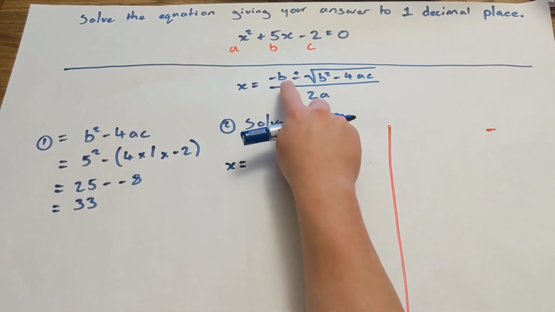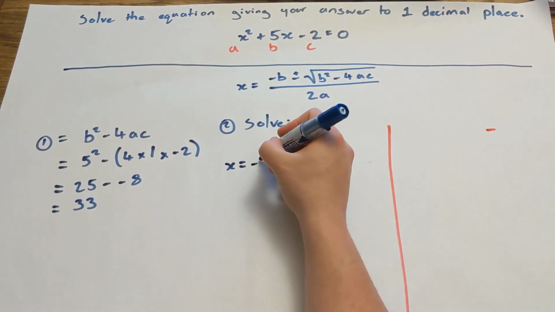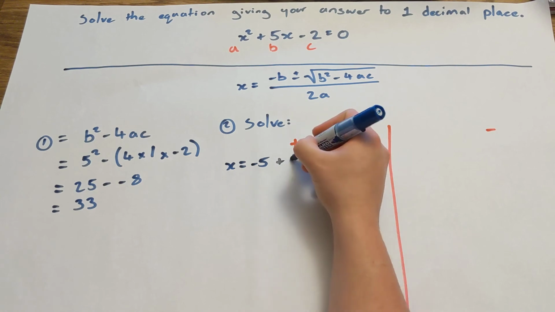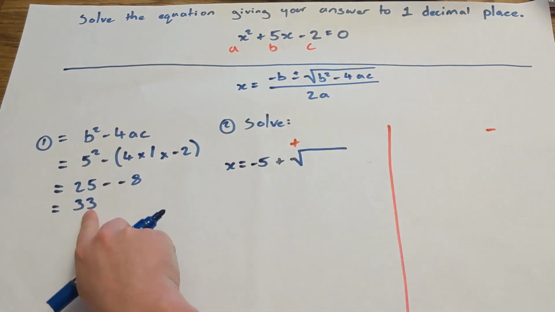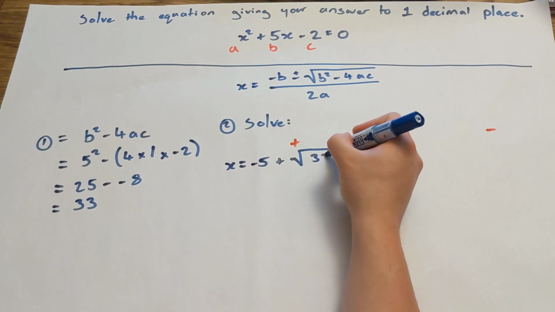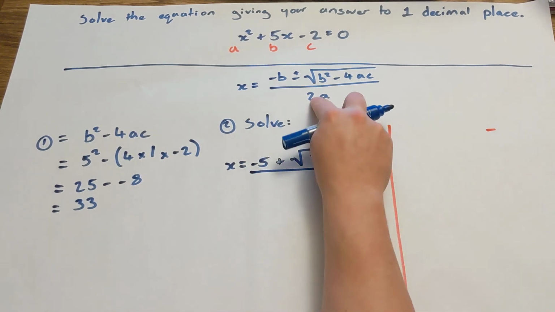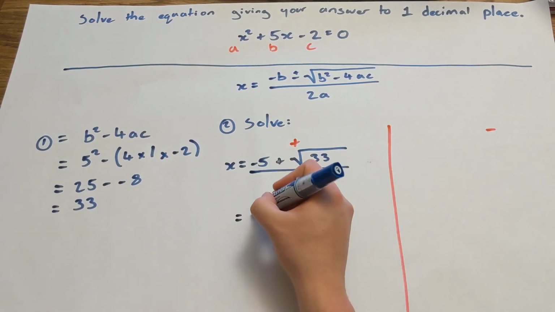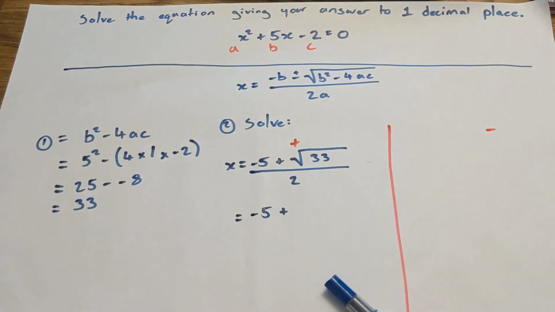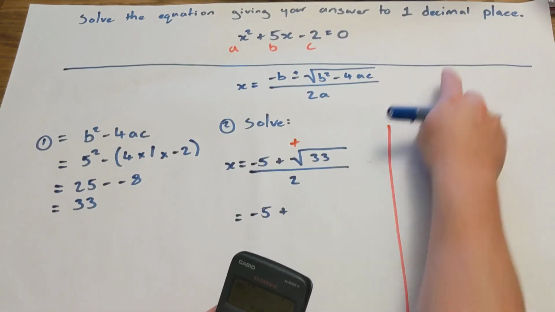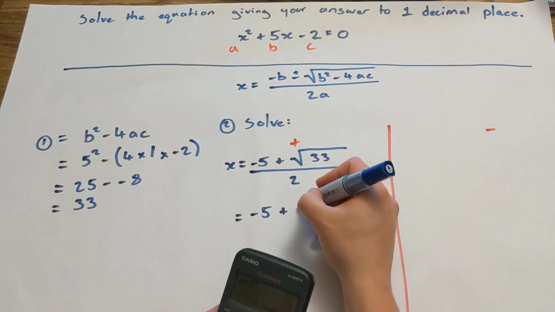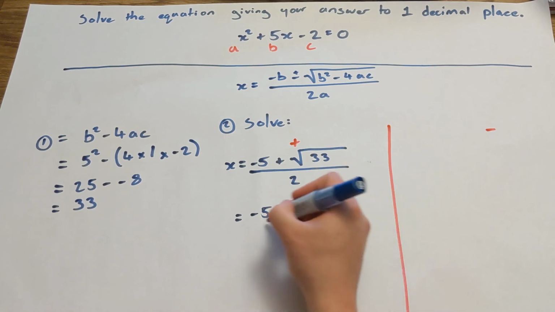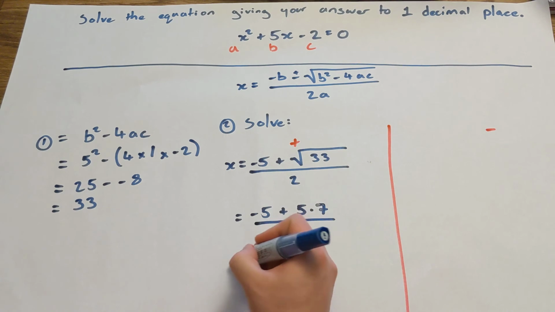That's going to tell us x equals negative b, so it's negative 5 plus the square root of 33, because we've already worked that out. And we're going to divide it by 2 times a, so 2 times 1 is 2. So that's negative 5 plus, let's pop this into our calculators, the square root of 33 is, and remember it said to 1 decimal place, so let's stick with that, 5.7, divided by 2.